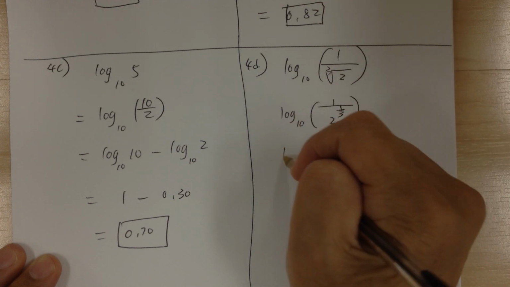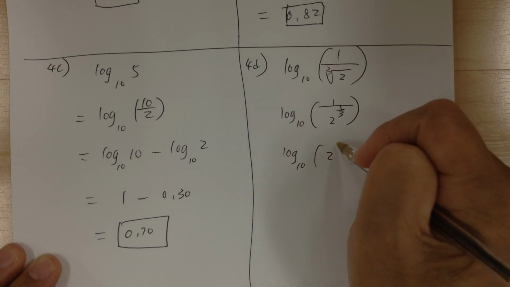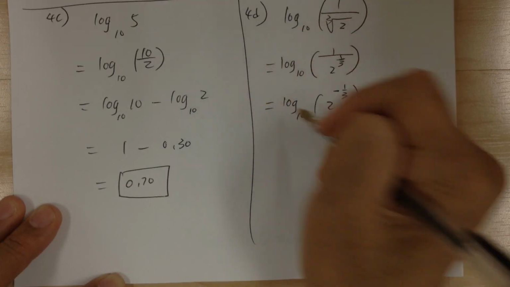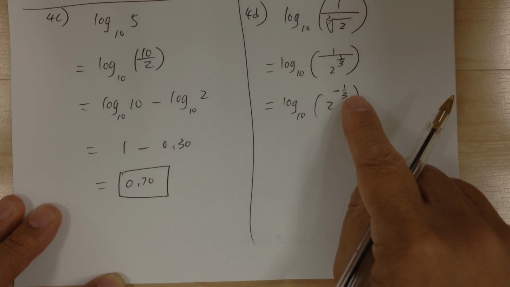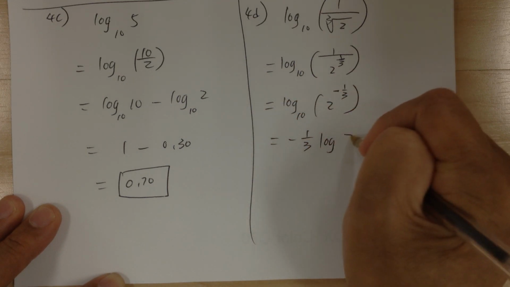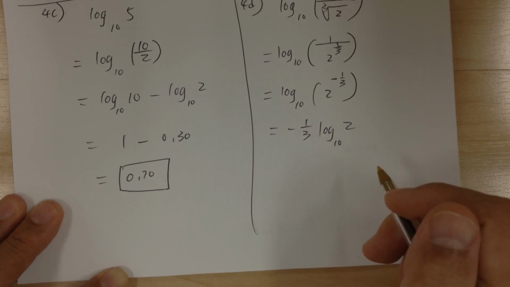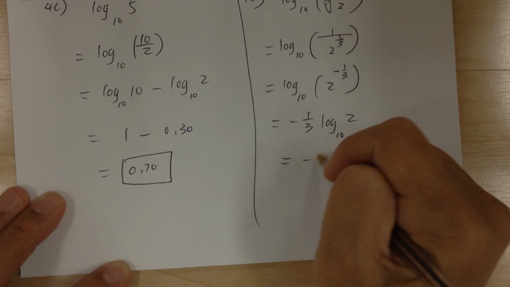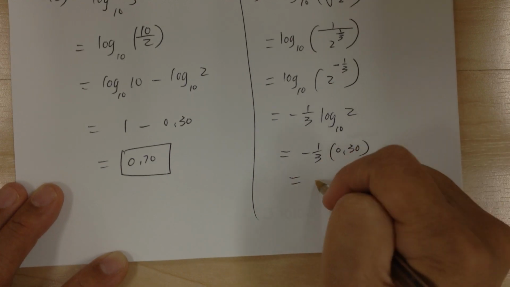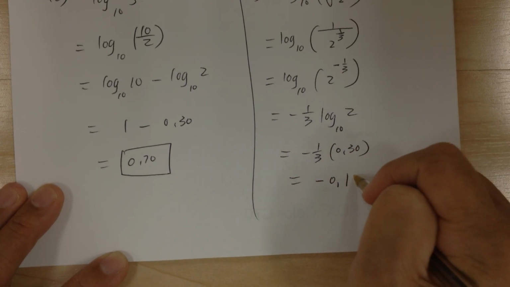Then after that, you're going to flip it over. So it becomes 2 to the negative 1/3 power. Then after that, you have to go and apply the third law to bring this to the front. Okay. Then after that, you can evaluate, so it will be negative 1/3 times 0.30, and this will equal to negative 0.10.